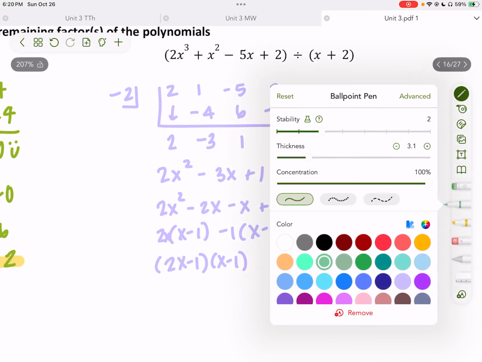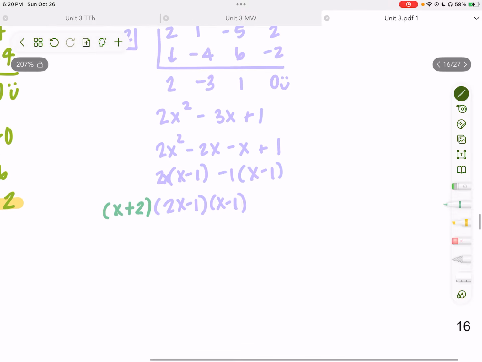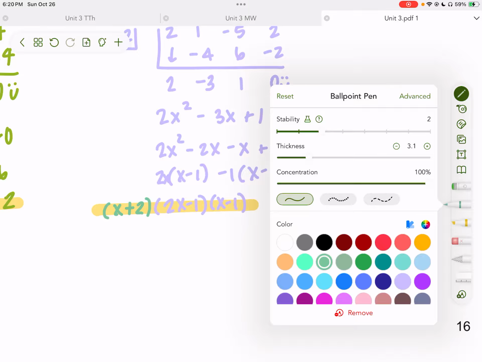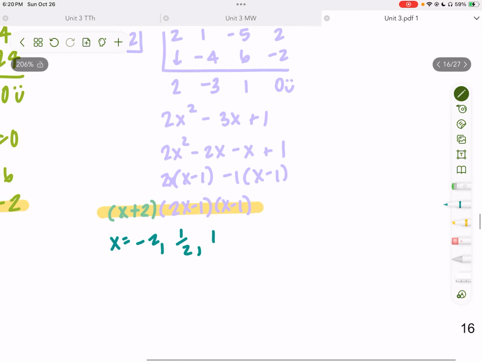Keeping in mind we had the original x plus 2 from earlier. So there's your factored form. If you want to leave it in factored form, if it says what the factors are, that's an option. And then your x-intercepts would be -2, 1/2, and 1.